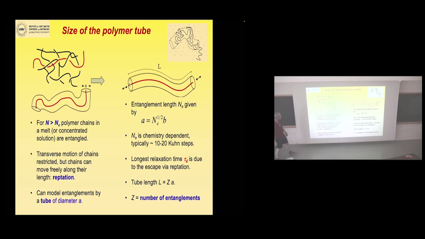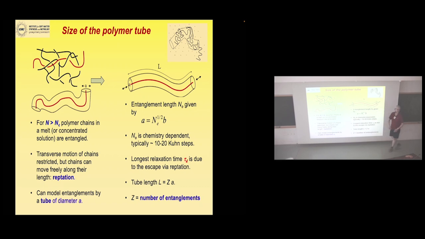The idea is that transverse motion is not allowed, but you can move along your chain. There is a length scale, the so-called entanglement length, which is some number of monomers, and the tube diameter is the square root of the number of monomers between entanglements. There's no theory for this value. It's actually a property of the chemistry of the polymers.